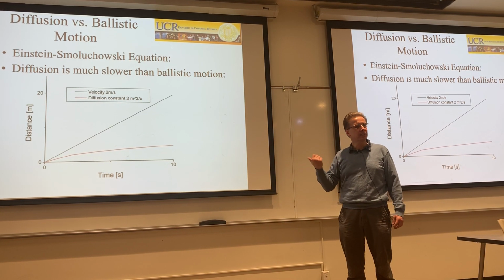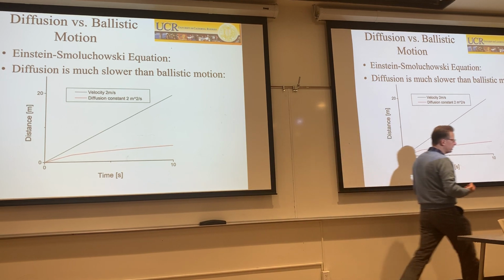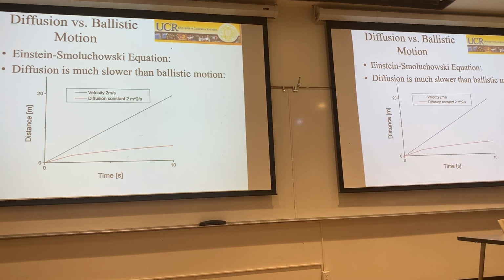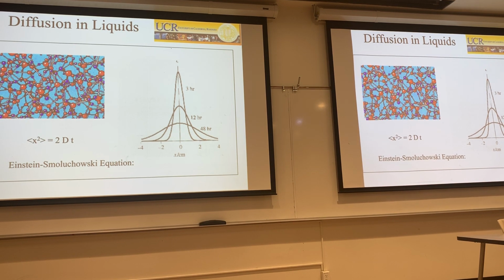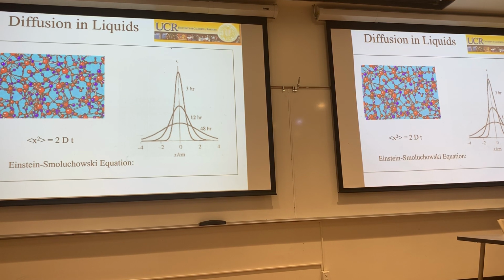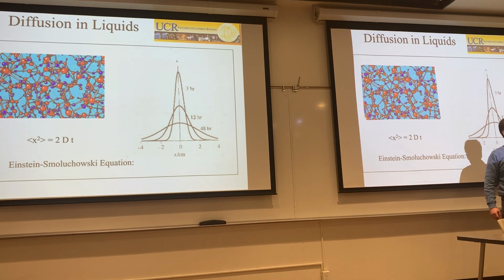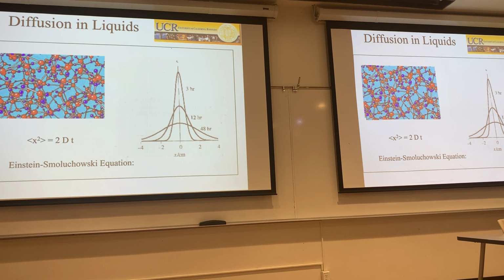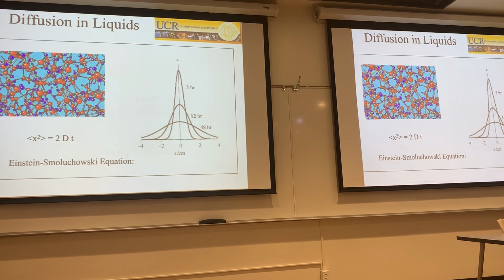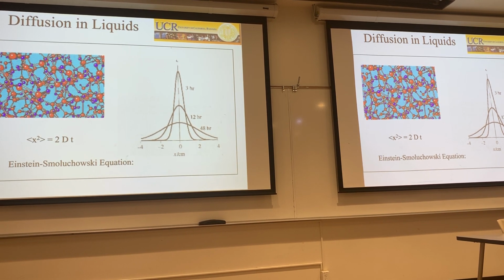But the point is, the diffusion constant, which Einstein and Smoluchowski described, this diffusive motion, determines a lot about how everything is in life and in chemistry. So it's really important.